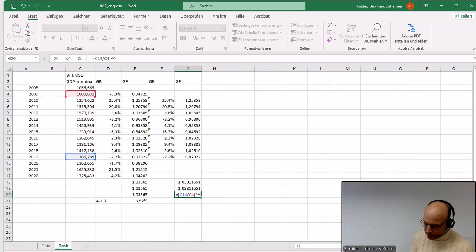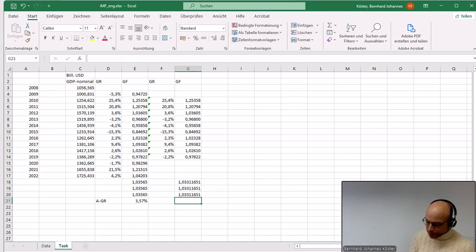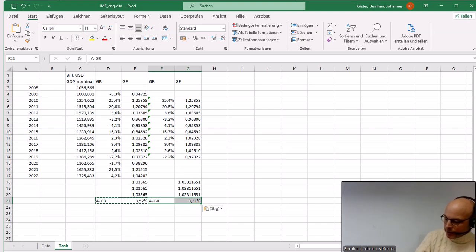Oops, and again up to the power of 1 over 2019 minus 2009, and the average growth rate is then a little bit less. Okay.